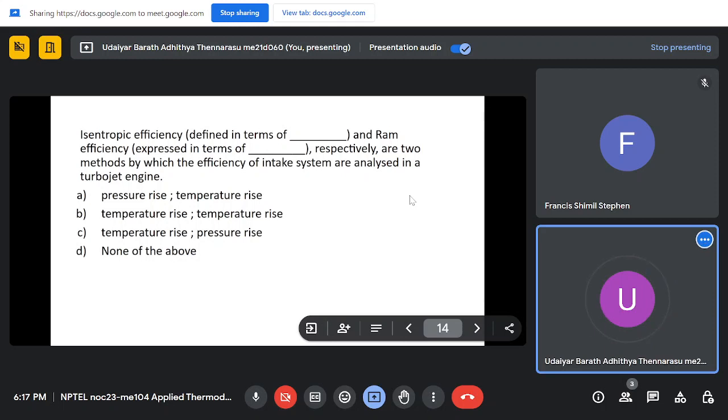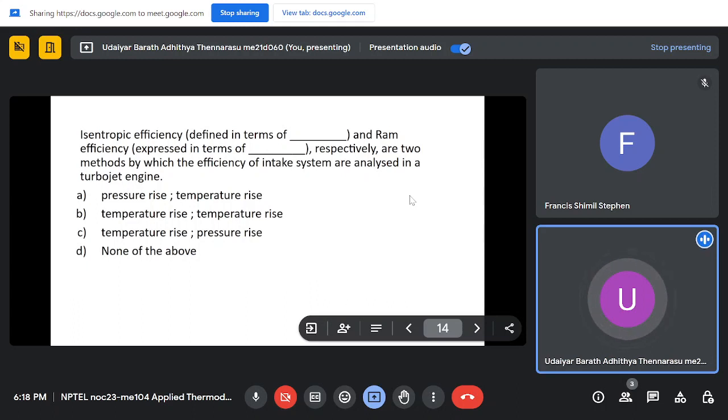Isentropic efficiency is defined for compressors and expanders, and you express it in terms of enthalpy change: what enthalpy change is happening in the compressor and what could happen in the isentropic way.